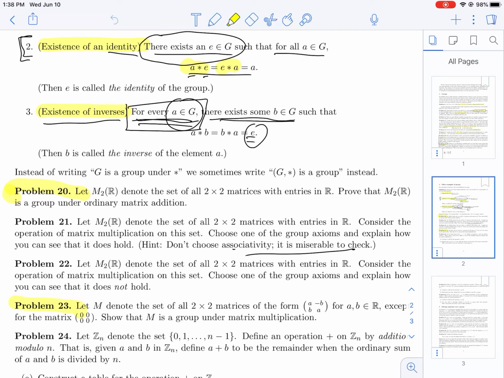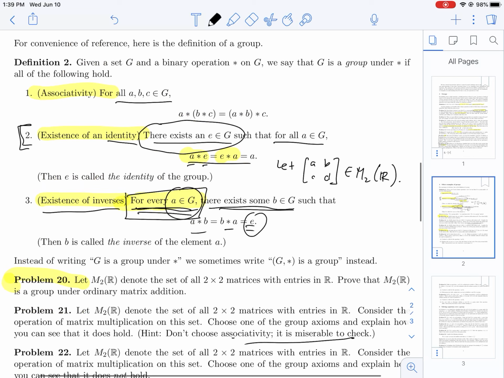Just to emphasize, that very beginning of the axiom shows up as: let A, B, C, D be in M2R. As soon as you say that, then you just want to show this is the thing you would add to it in either order to get your identity, 0, 0, 0.